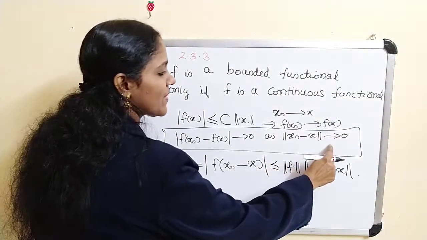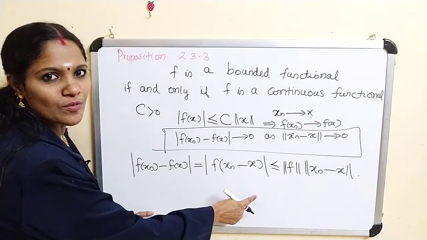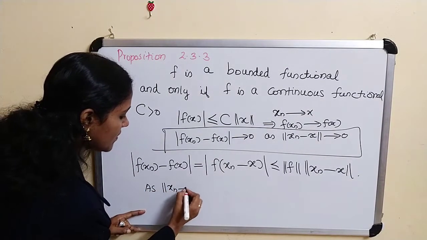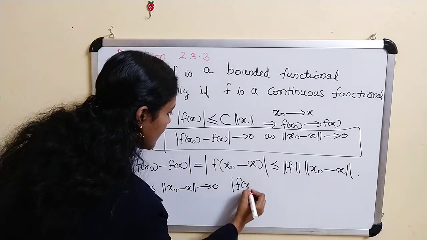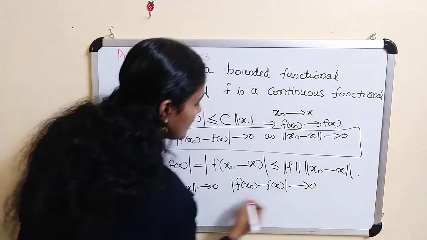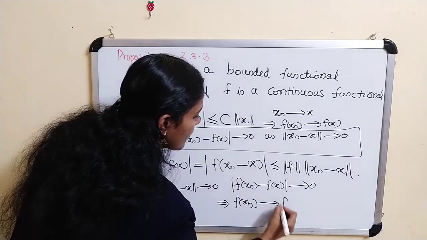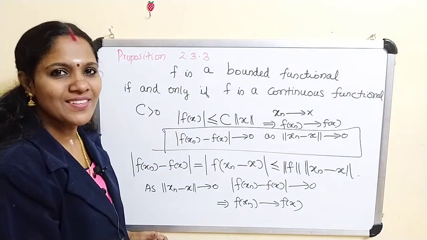Therefore, as norm of xn minus x tends to 0, this term tends to 0. As norm of xn minus x tends to 0, modulus of f of xn minus f of x tends to 0. This implies f of xn converges to f of x. This implies f is a continuous functional.